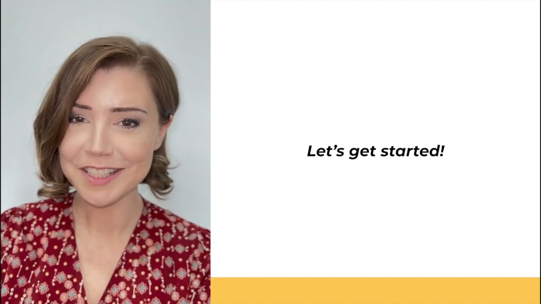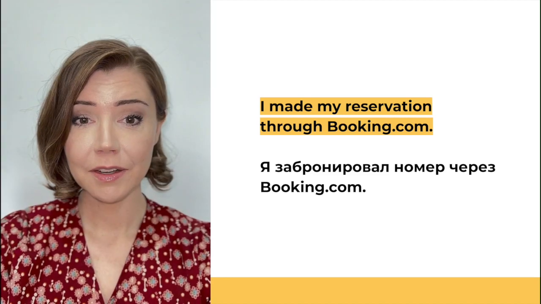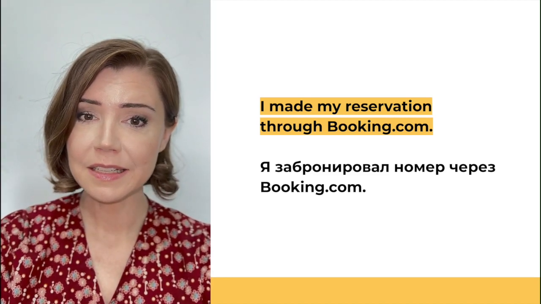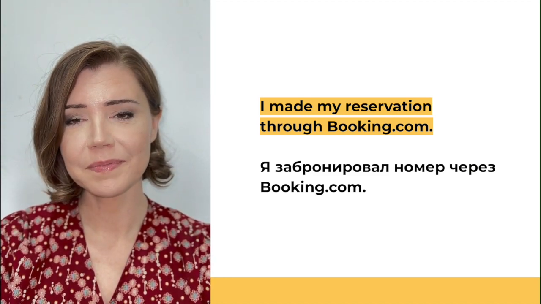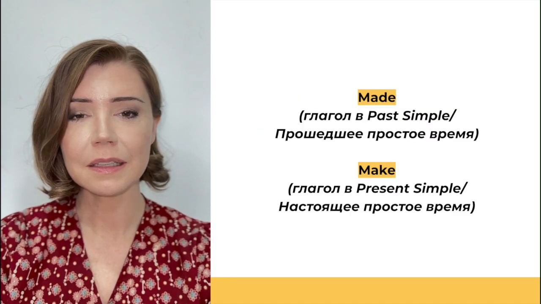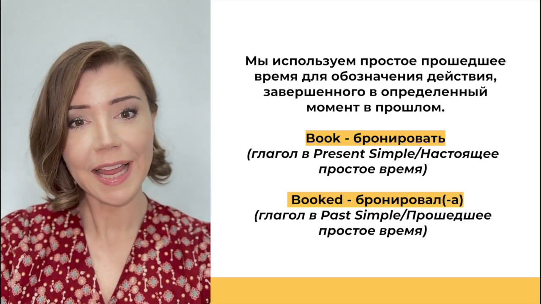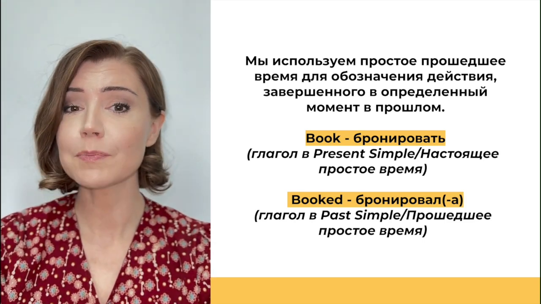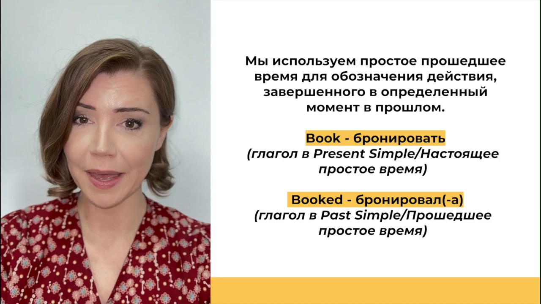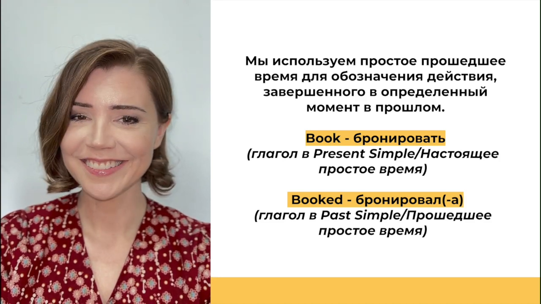So, let's get started. Here, the verb made is in the past simple, the past of make, made. We use the past simple for an action that's finished at a specific point in the past. It's done.